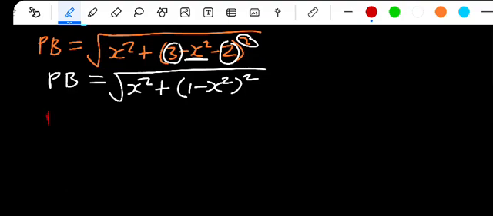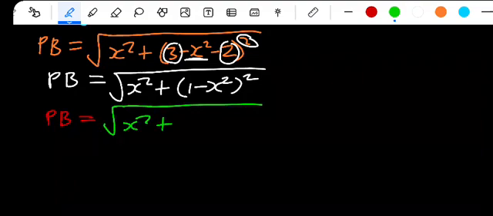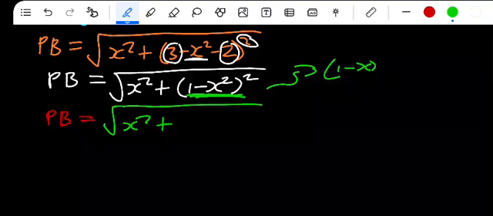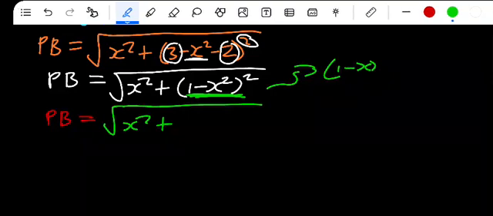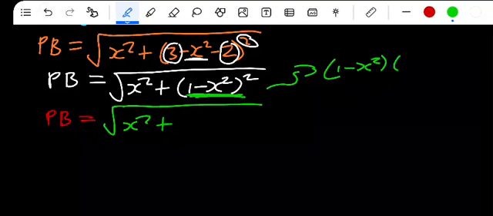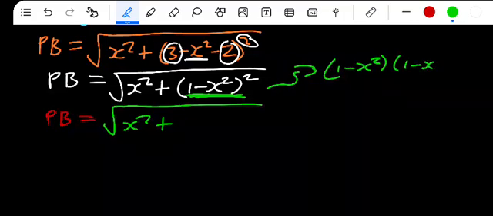Again, PP, we have now the square root of x squared plus, now you see this guy, we have to square those. It's like we have 2 brackets, like you're multiplying 2 brackets like that.